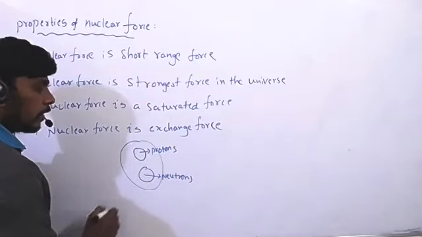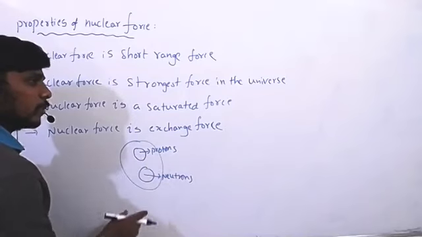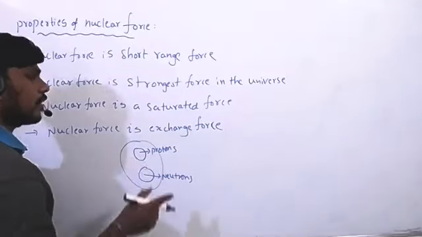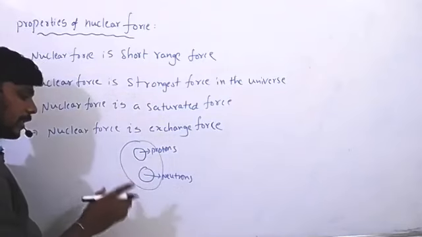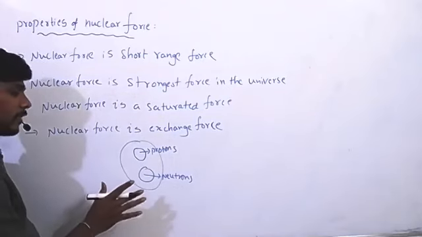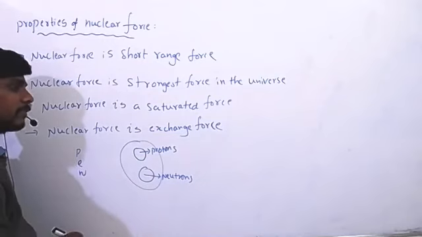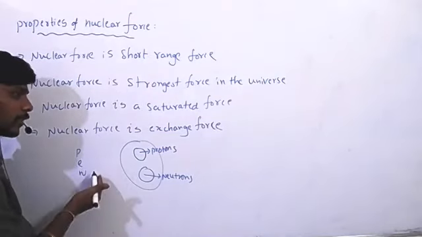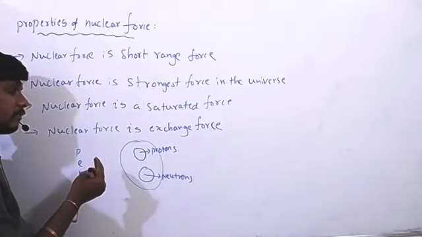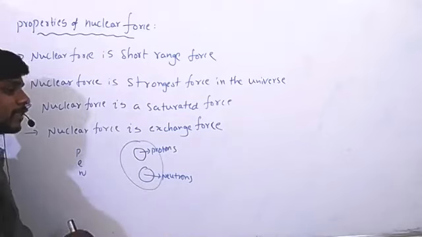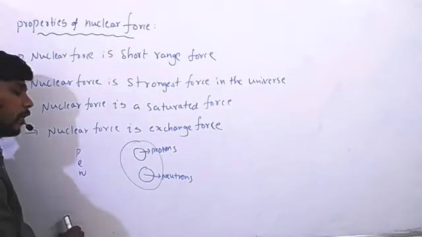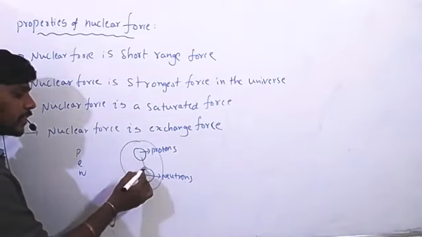Not only protons and neutrons, some other particles are also there, but mostly till now in our lessons we have discussed proton, electron and neutron. That's all we have discussed. But there are so many subatomic particles. So proton and neutron will exchange.